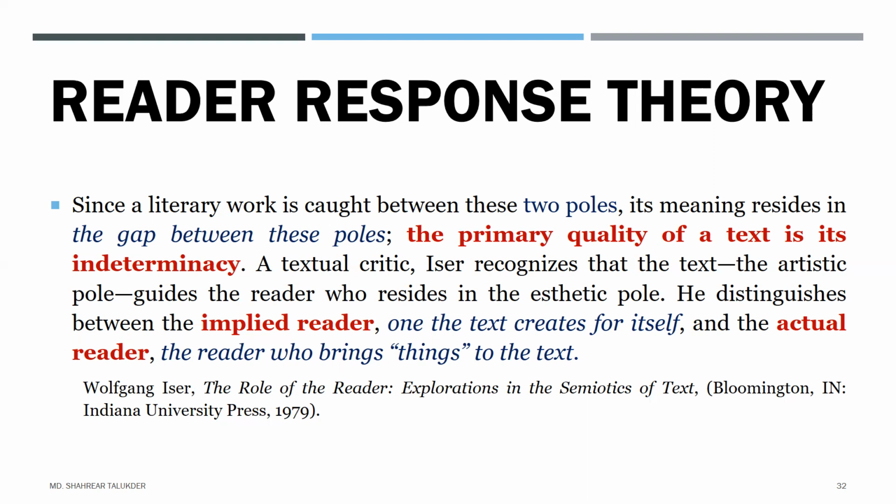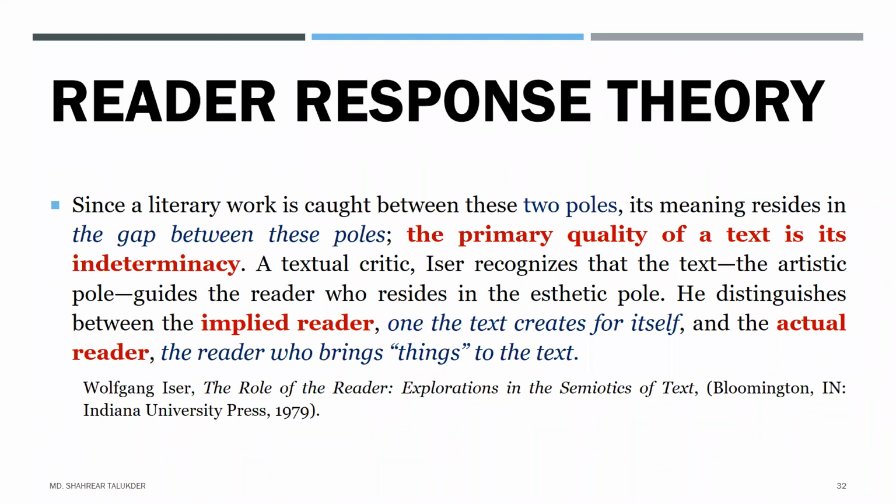So he distinguishes between the implied reader and the actual reader. Implied reader means the artistic pole, and because of the writer's style and the art, there will be one reader, the implied reader, because the writer wants you to read the text in this way, or that was his intention. But actually that reader is not there, because I'm the reader, so I will create my meaning.